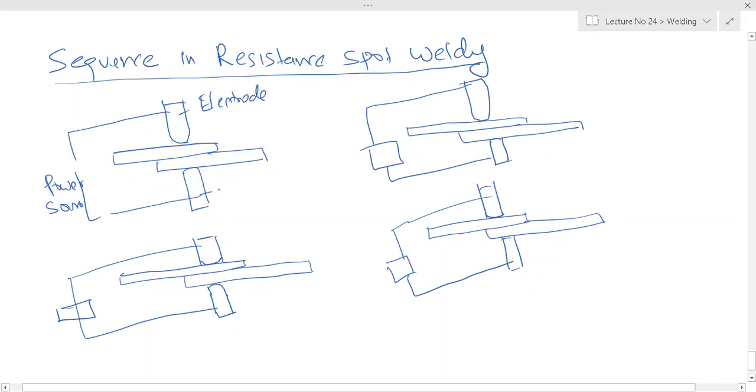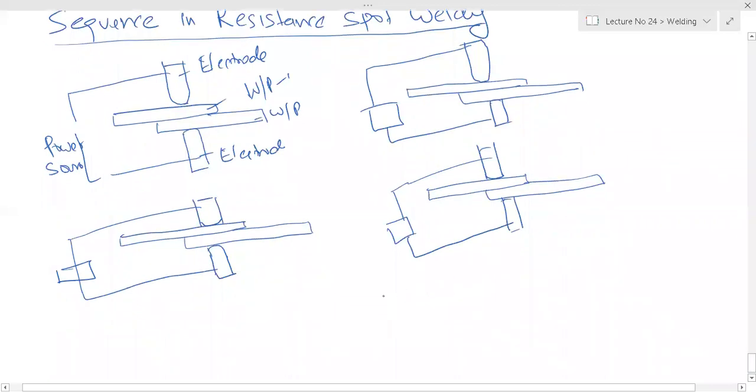This is your electrode. This is your work piece 1 and work piece 2. Now the sequence, how that is done, in spot welding.